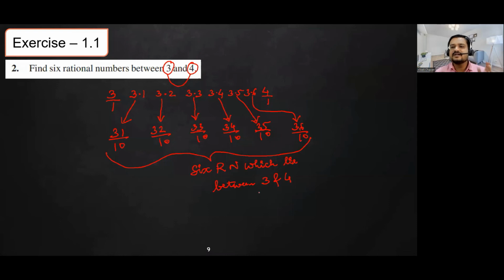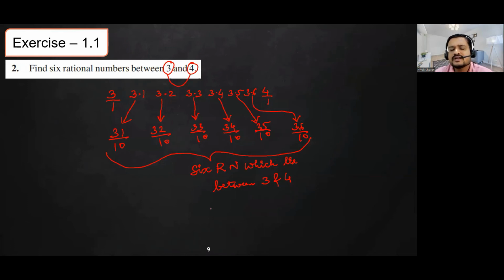See, there are different approaches to get the rational numbers here. I have given you the simplest approach. If you go this way, it is very easy to find n number of rational numbers. Okay, so now we have 6 rational numbers which lie between 3 and 4.